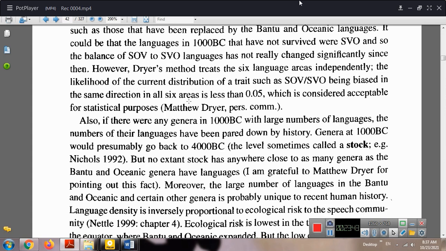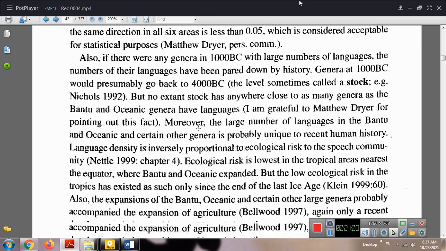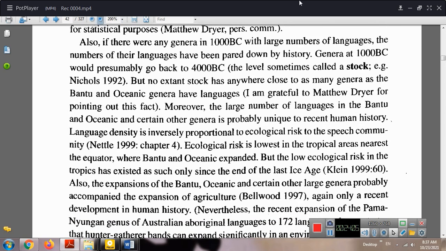The likelihood of the current distribution of a trait such as SOV, SVO being biased in the same direction in all 6 areas is less than 0.05, which is considered acceptable for statistical purposes.